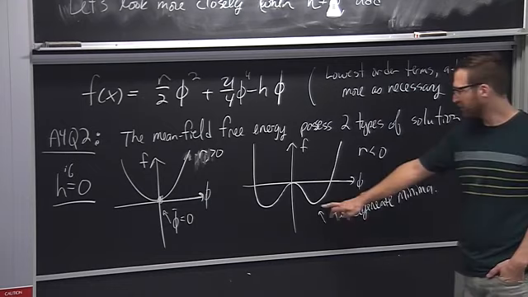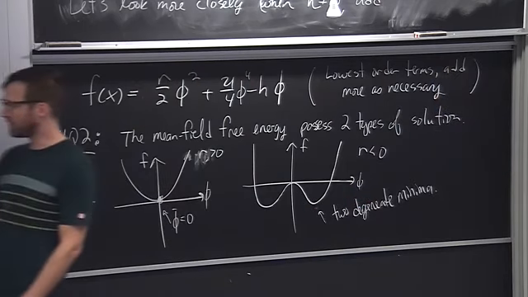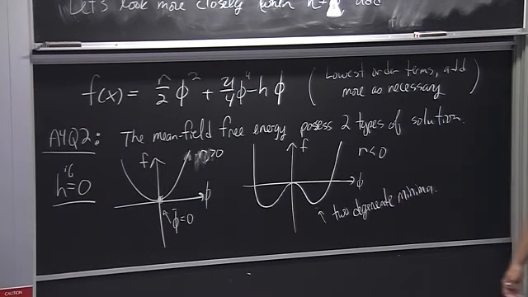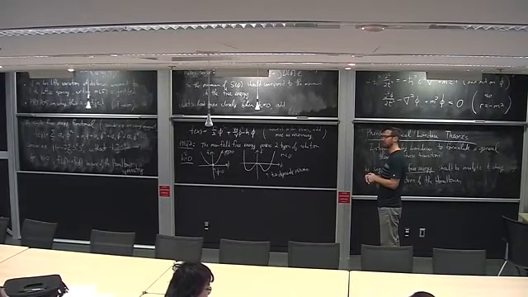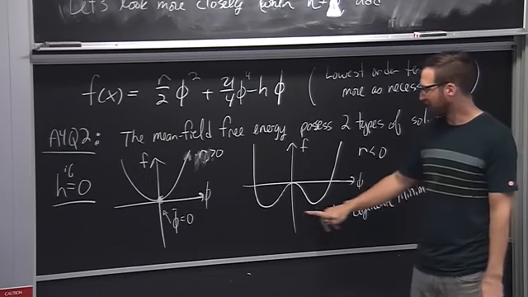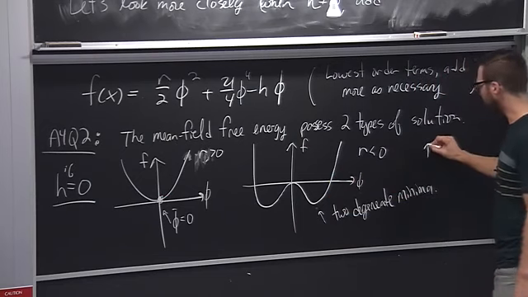What are those minima in terms of the original interpretation as an Ising model? Remember we had spontaneously symmetry broken phases at low temperature? That's the two possibilities. You have basically a positive and a negative value for the field. It's like the two ferromagnetic states.